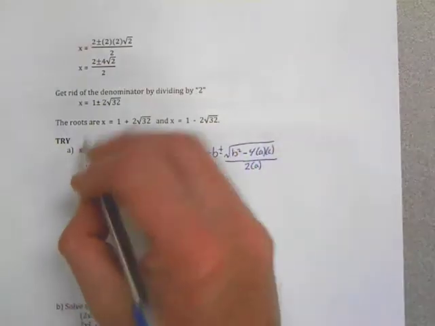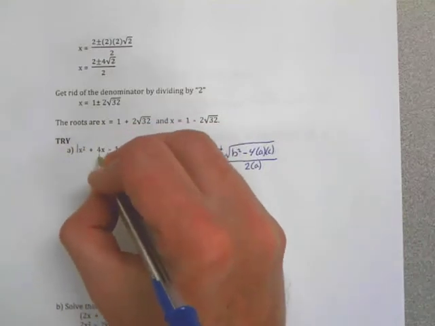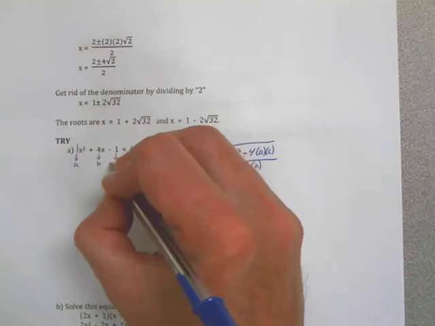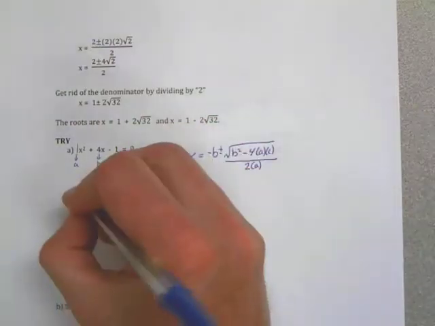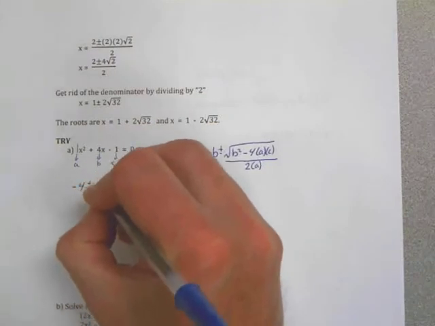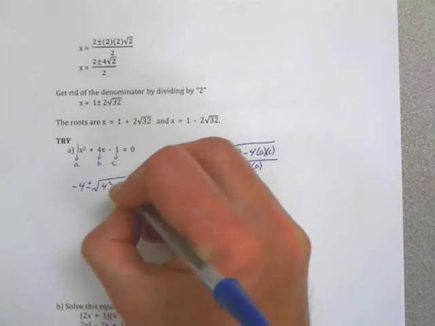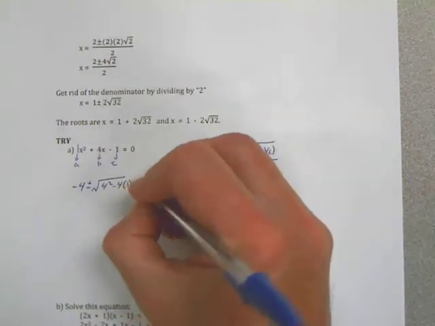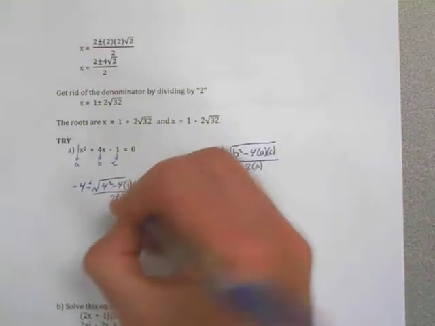So here the a is 1, the b is 4, and the c is negative 1. So plug it in. Negative b is negative 4 plus or minus the square root of 4 squared minus 4 times a, which is 1, times c, which is negative 1, divided by 2 times a, which is 1 again.